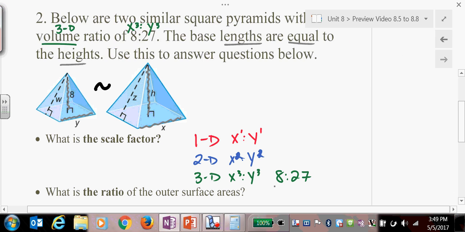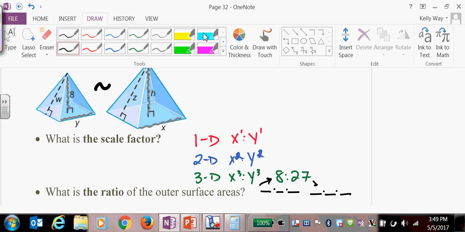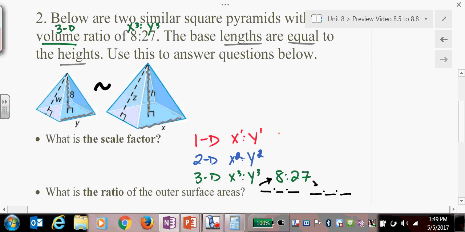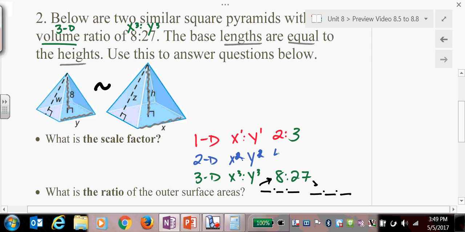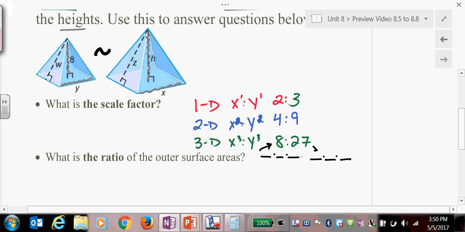So we have to work backwards and ask ourselves, what number times itself 3 times gave us 8? And what number times itself 3 times gives us 27? You should have figured out here that your 1-dimension ratio is 2 to 3, which means our 2-dimension ratio is going to be 4 to 9. So our scale factor is right here, 1 dimension, 2 to 3.